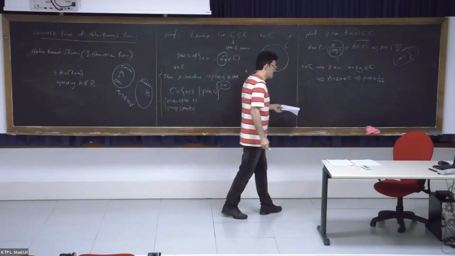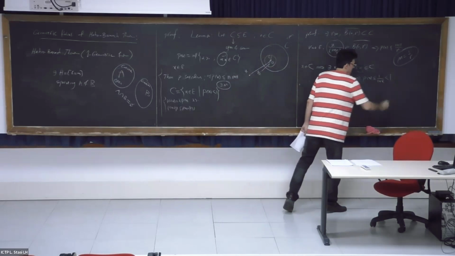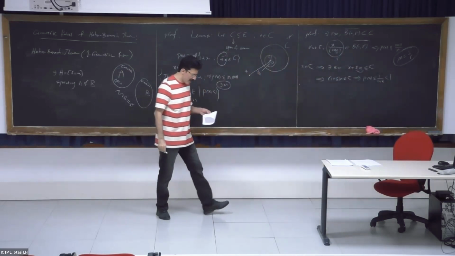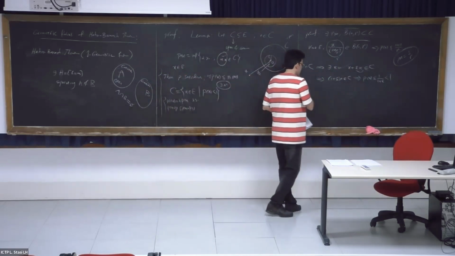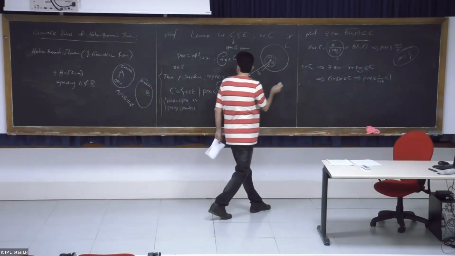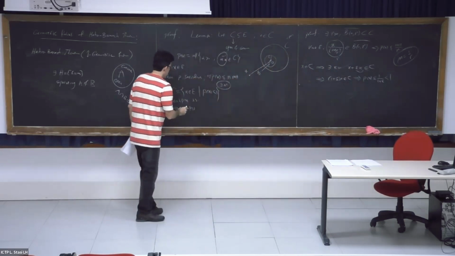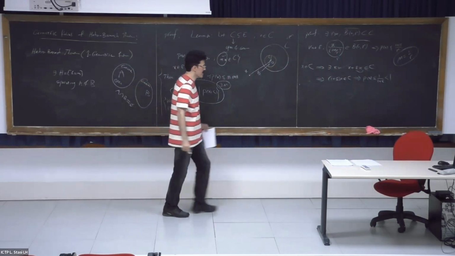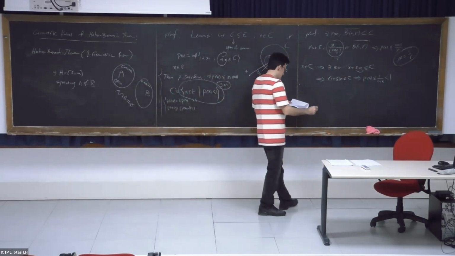And this one obviously is less than 1. And then we have the result here, that C is a subset of this set.